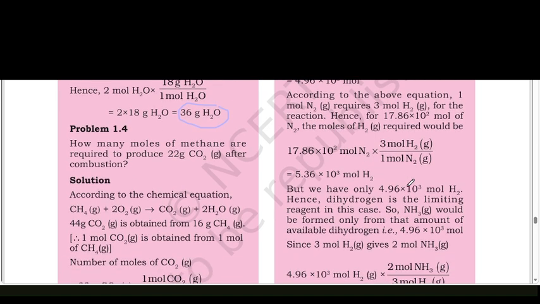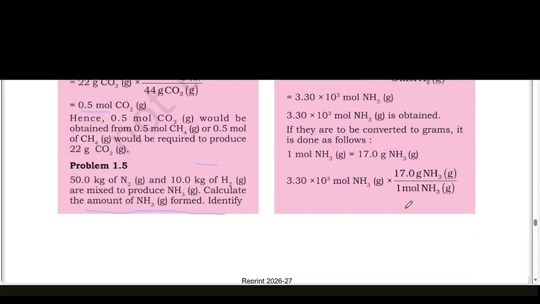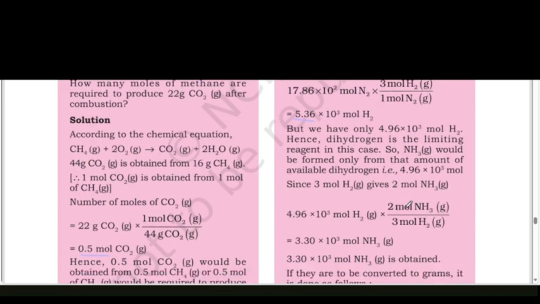This much moles of H2 is required, but we have only 4.96 into 10 to the power 3 moles. So H2 is the limiting reagent in this case. Now the amount of NH3 formed.